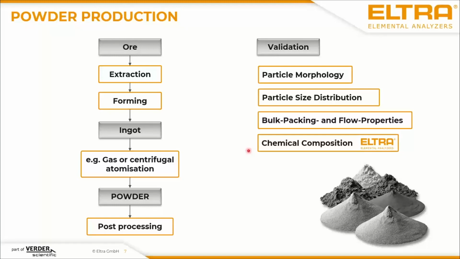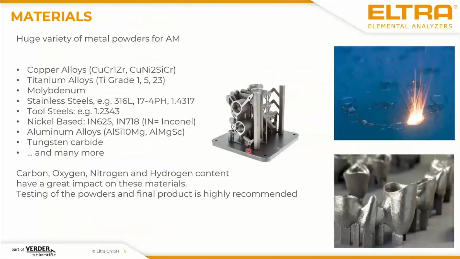Because even if you have a nice product of nice size, of nice flow properties, of a suitable morphology, still it is extremely important that you don't have contaminations there, that you don't have a composition of the powder there which will not work for either the production or for the final products.